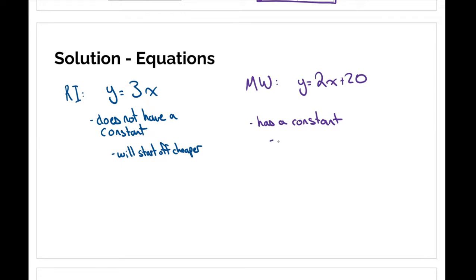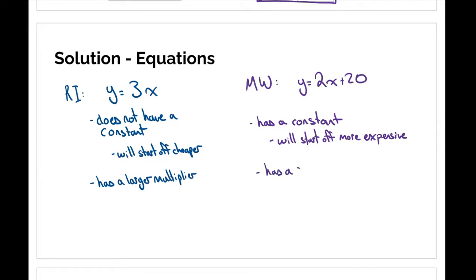So Mathematical World will start off more expensive. Then looking at the second part of the equation, the multiplier, Radical Island has a larger multiplier, a multiplier of 3, where Mathematical World has a smaller multiplier.